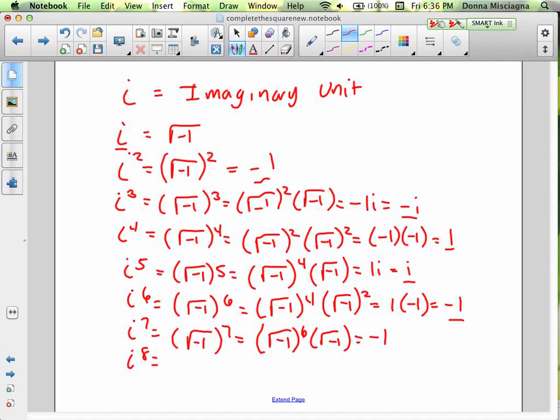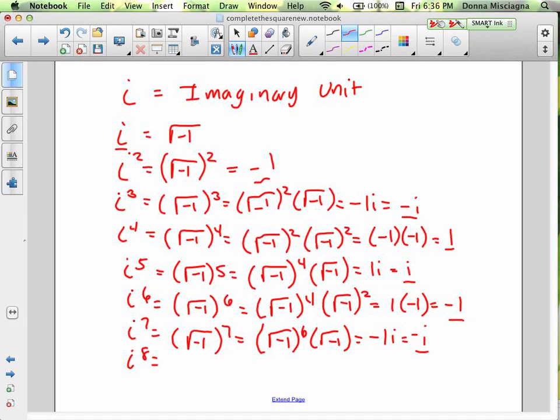The square root of negative 1 is i. So now we have negative i. So we have i, negative 1, negative i, 1, i, negative 1, negative i. What do you think the last one I'm going to do is going to be?